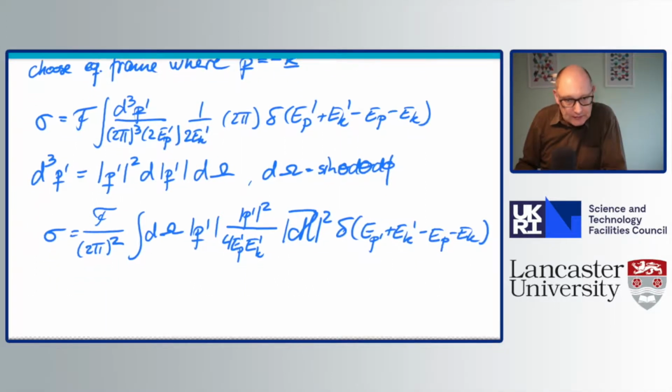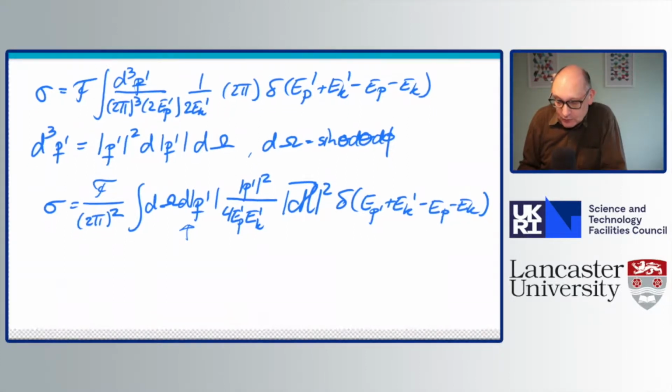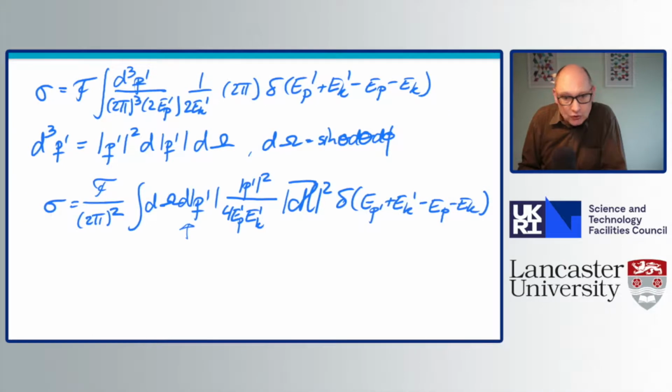Now, let's say that instead of integrating over the length of the momentum, we want to integrate over the center of mass energy, or we want to express the answer in terms of the center of mass energy.